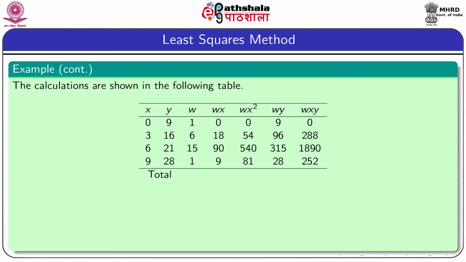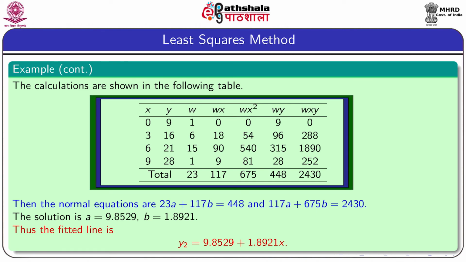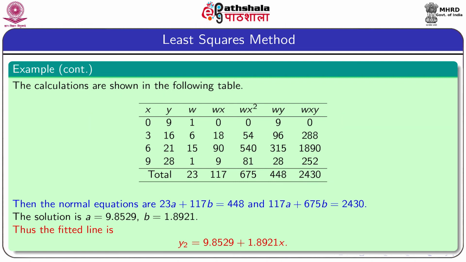Now the calculations are shown in the following table. The first and second columns represent the x and y values. The third column represents the values of weights 1, 6, 15 and 1. The sum of weights is 23. Sum of w into x is 117, summation of w x square is 675, summation of w y is 448, and summation w x y is 2430.